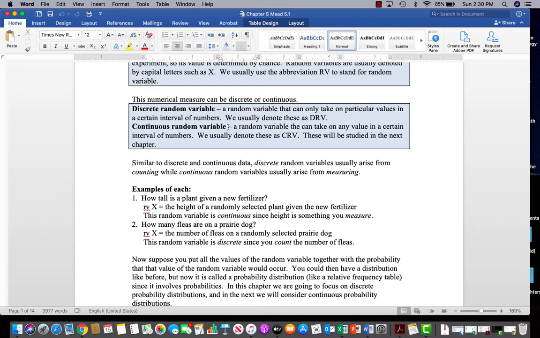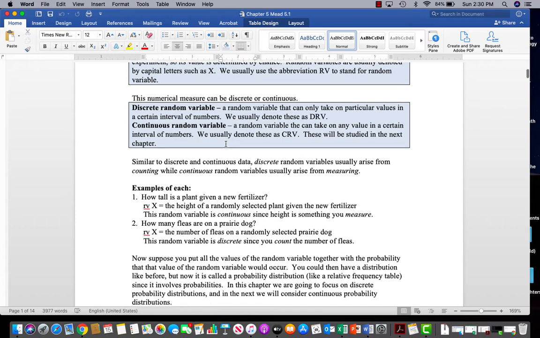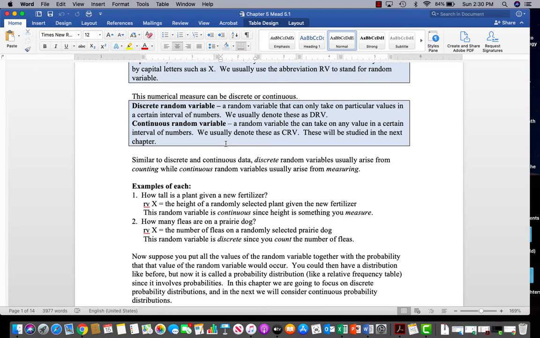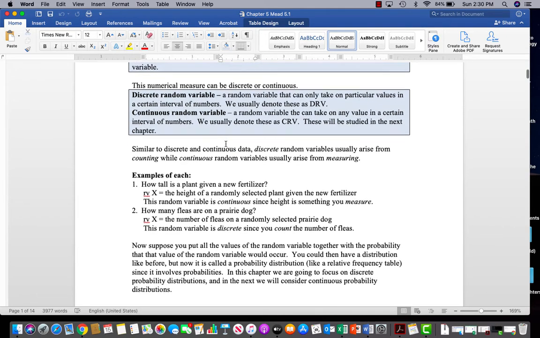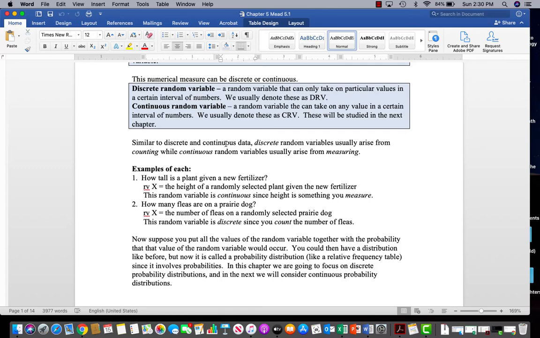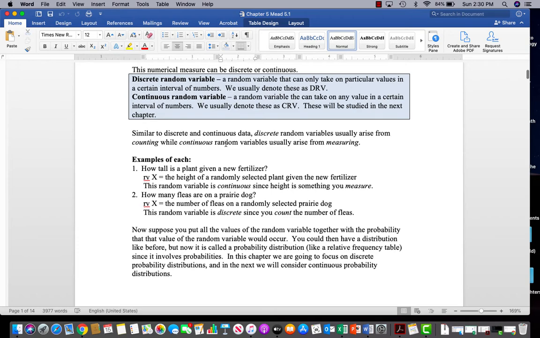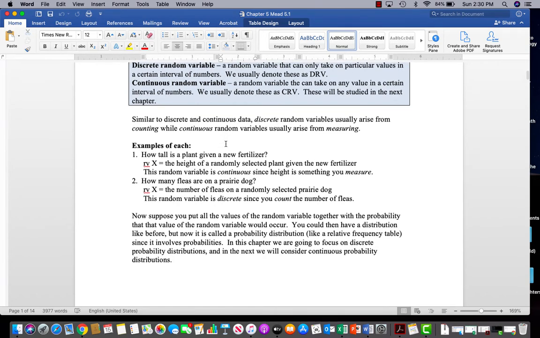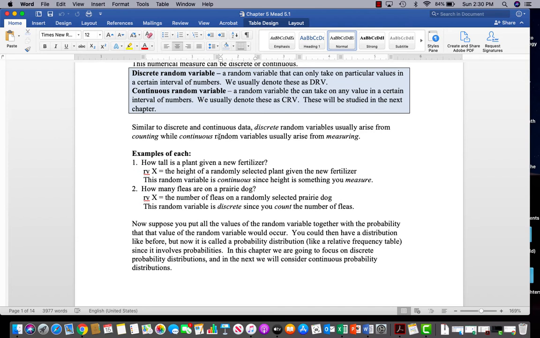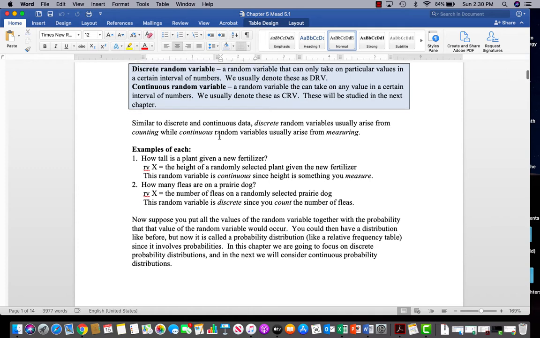Continuous random variables are things that you measure, like the height of a person or the weight of a person or the length of time it takes a drug to take effect, become useful to a person in a medical setting. So basically they're the same things we saw before, except a discrete variable is one that we count and a continuous one is one that we would measure. So just keep that in mind.